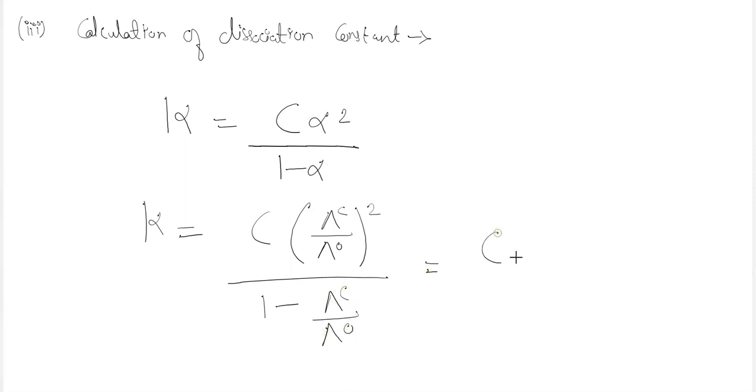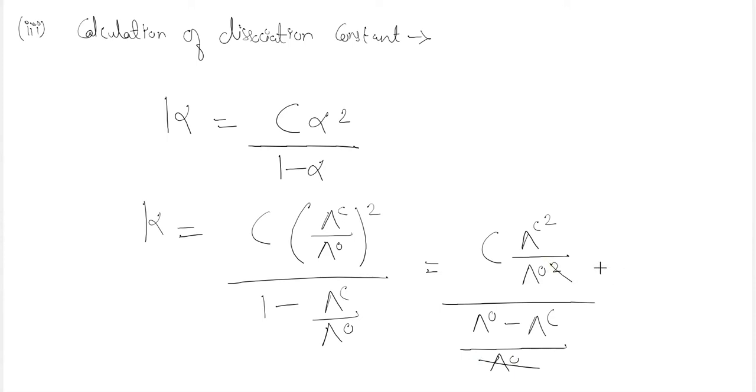On solving it more, we get lambda naught minus lambda c divided by lambda naught. This lambda naught and one lambda naught will get cancelled out, so the formula will become K equals lambda c square divided by lambda naught into lambda naught minus lambda c.